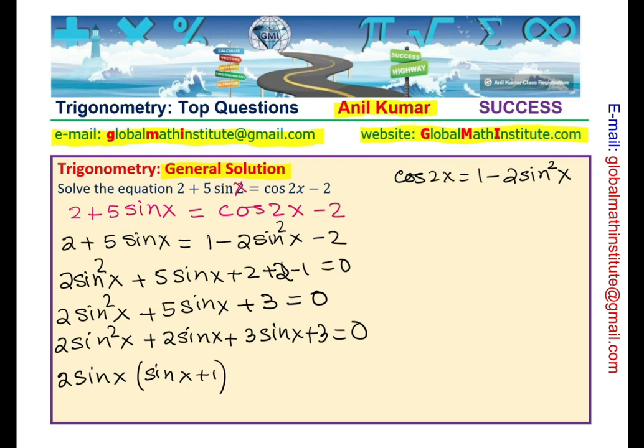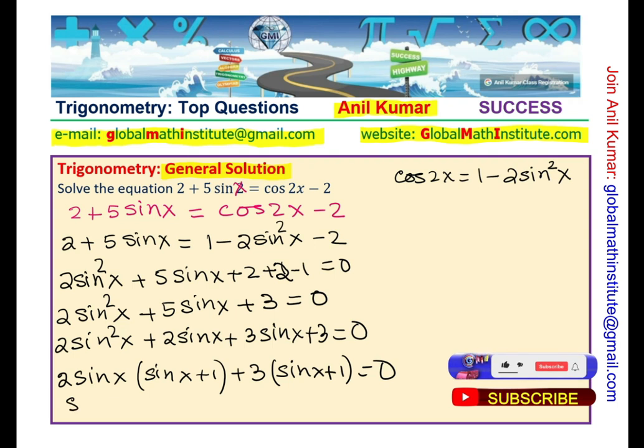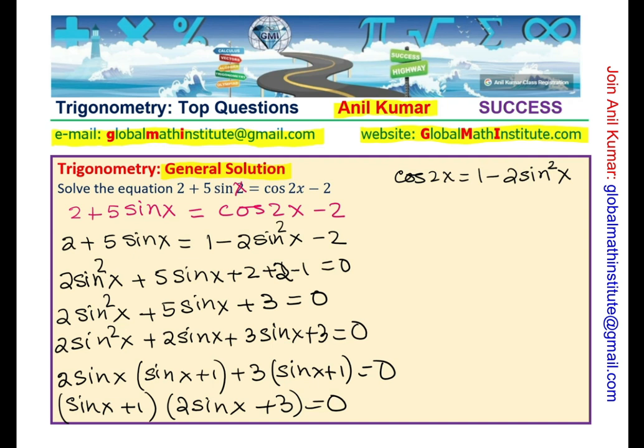And here 3 is common, we get sine x plus 1 equals 0. Taking sine x plus 1 common, we get 2 sine x plus 3 equals 0. Now that is the factored form which we need to solve.